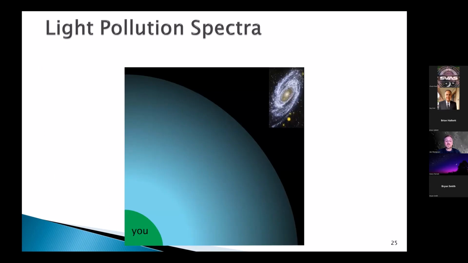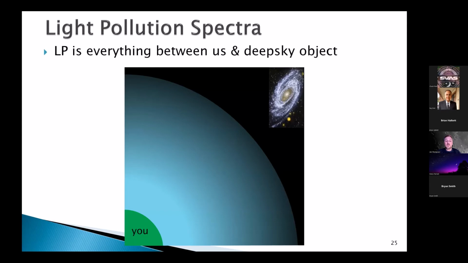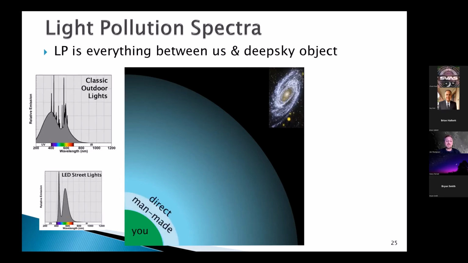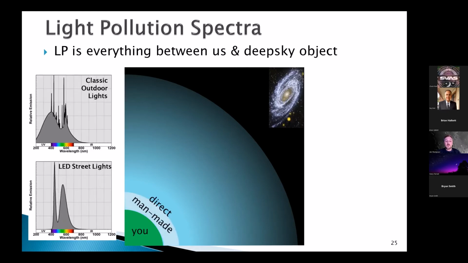Light pollution is all the light entering your telescope from sources located between us and the deep sky object. The most obvious source of light pollution comes from man-made outdoor lighting, some of which illuminates our view directly, and some illuminates the sky by scattering off dust and moisture in the atmosphere.